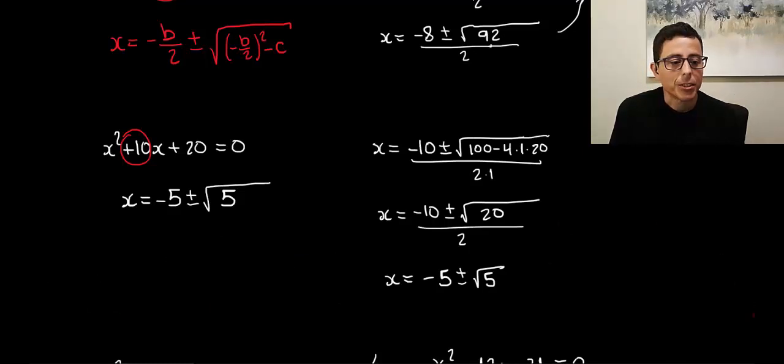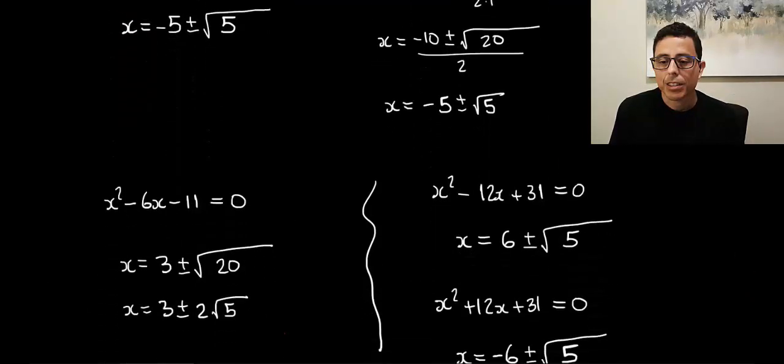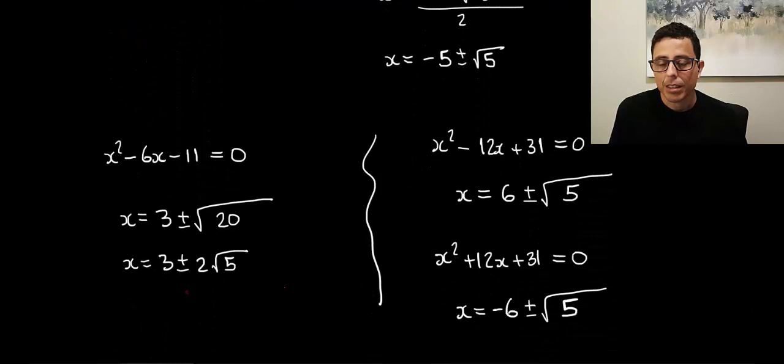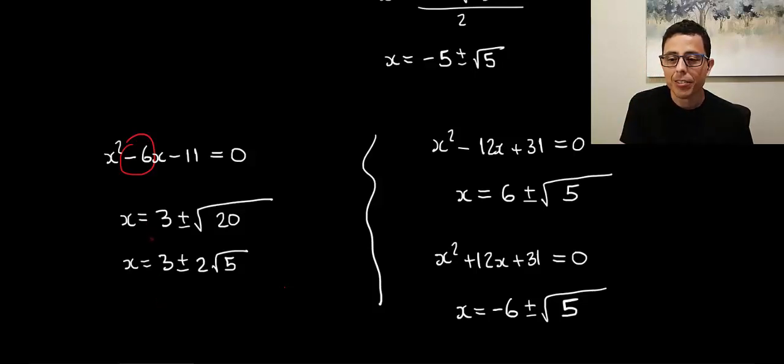So here is the next one. And same thing, take the negative 6, divide by 2, that gives me negative 3, but I put a negative sign, so that gives me positive 3, right? So negative 3 with a negative sign, then negative 3 becomes positive 3.